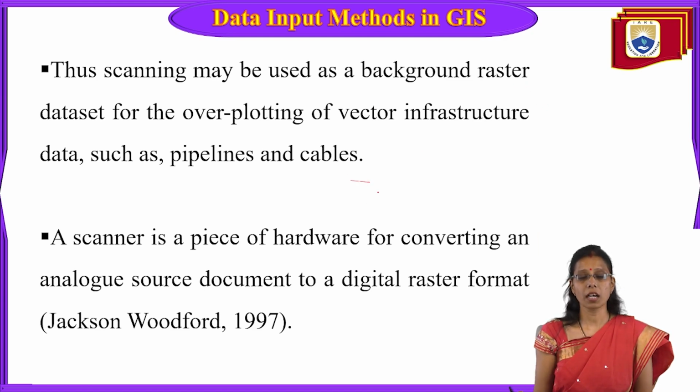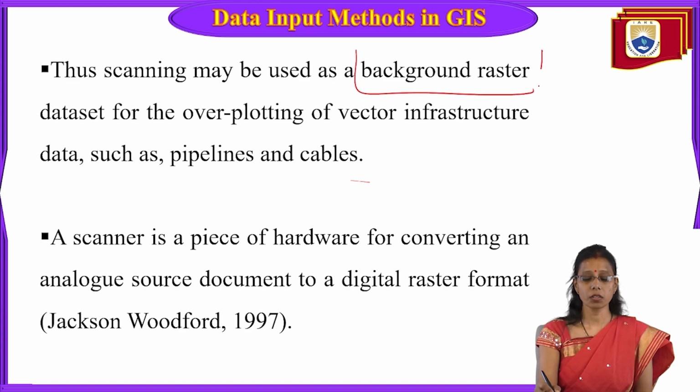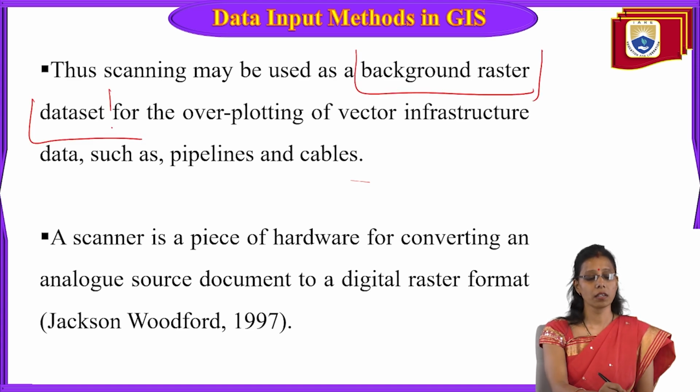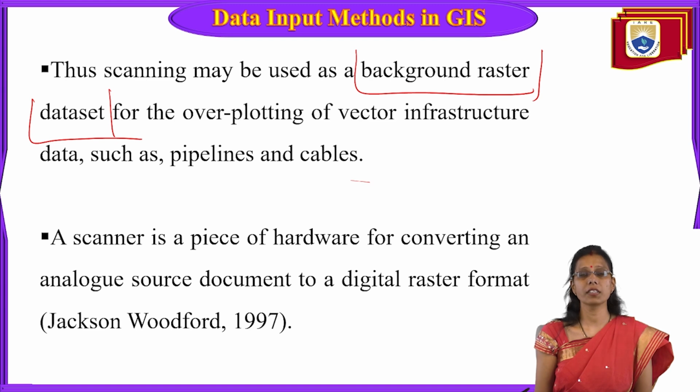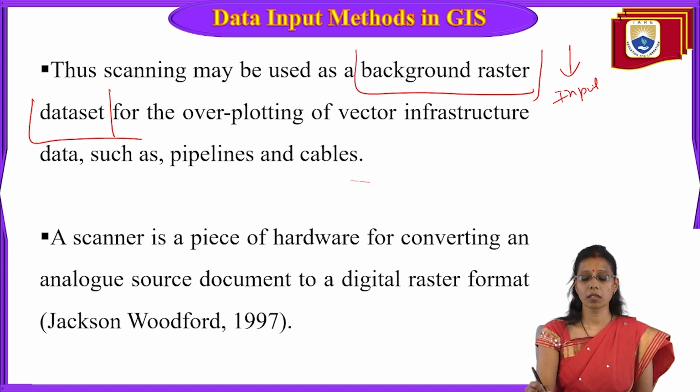What is a raster dataset? If you remember in the previous lectures when we were learning about digitizing in GIS, the input data is always a raster. So how do we get the raster data?